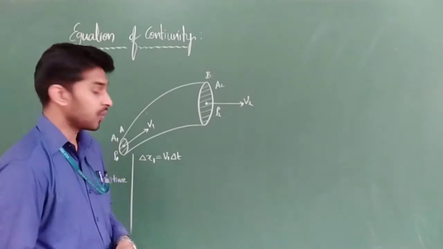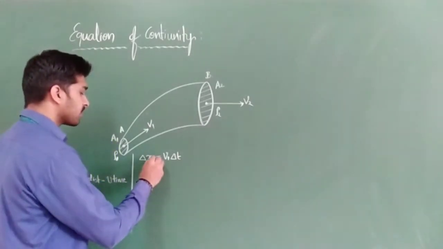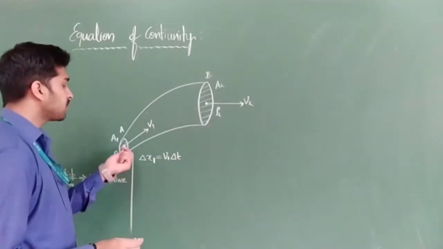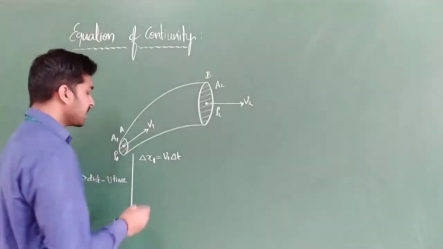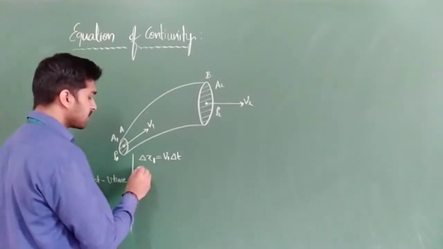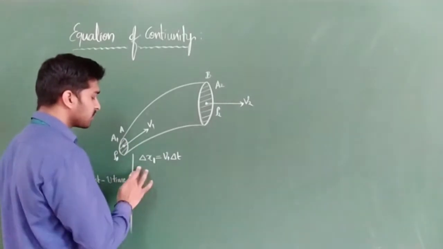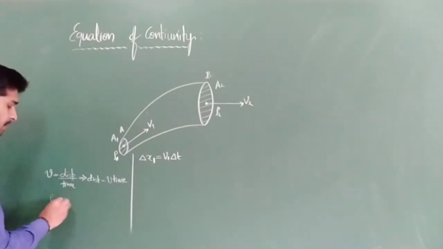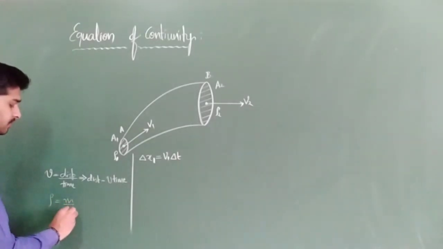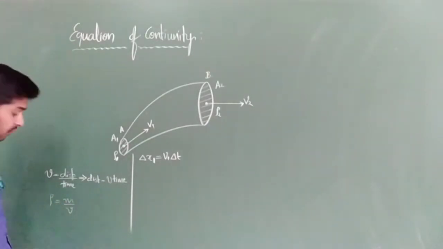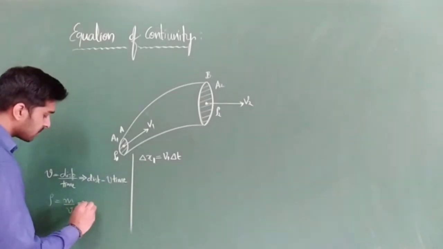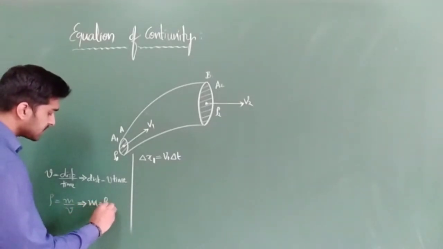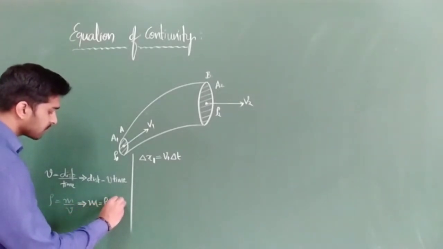Clear? Now next we are going to consider the mass of the fluid at this part. What will be the mass of the liquid? We know that density is mass by volume, so mass is equal to density into volume.